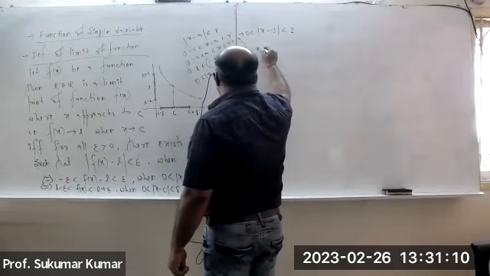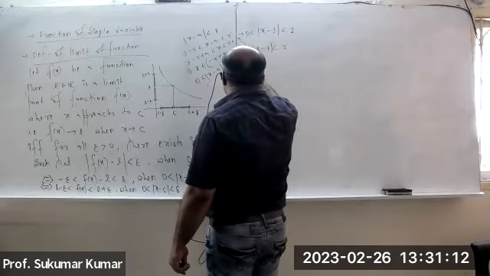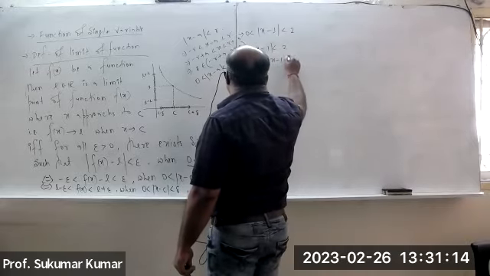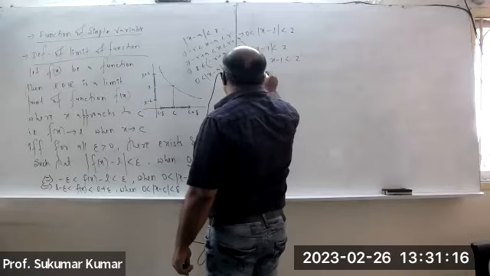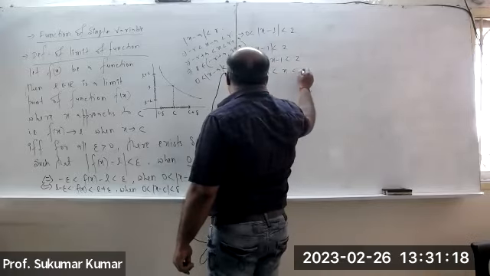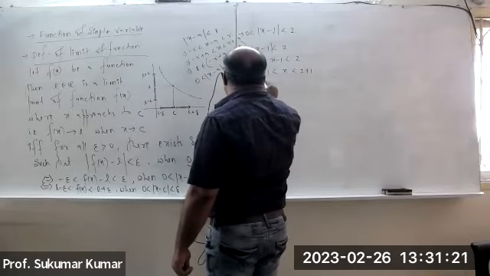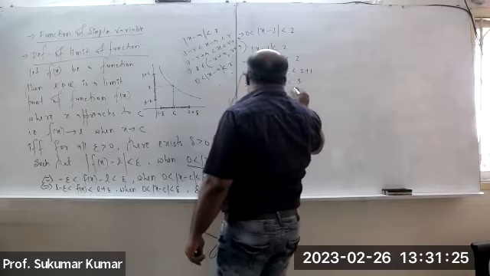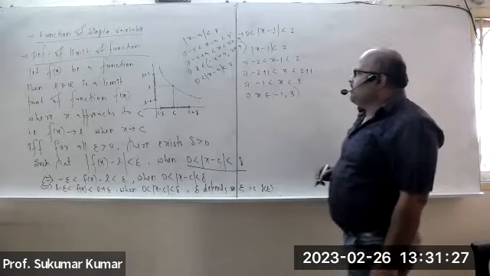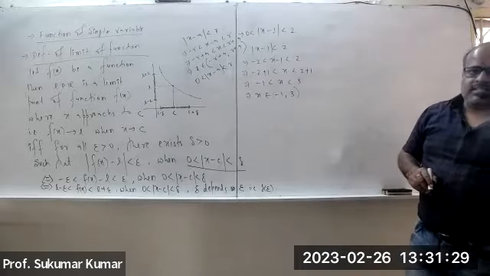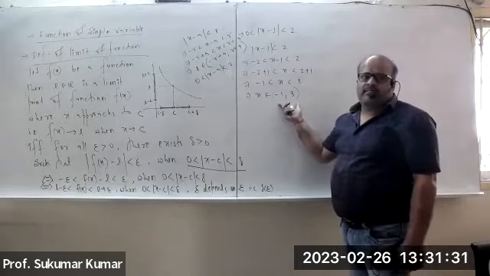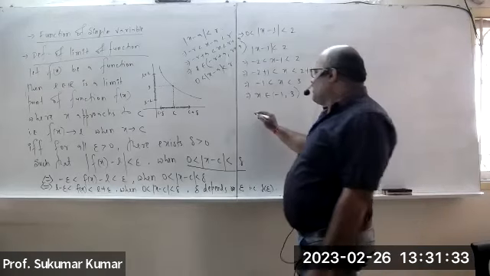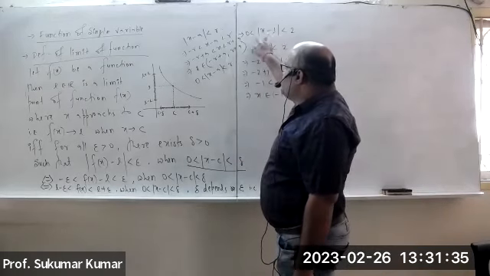First we will solve this. By the help of |x - 1| < 2, our interval is -1 to 3. So we will solve this portion.